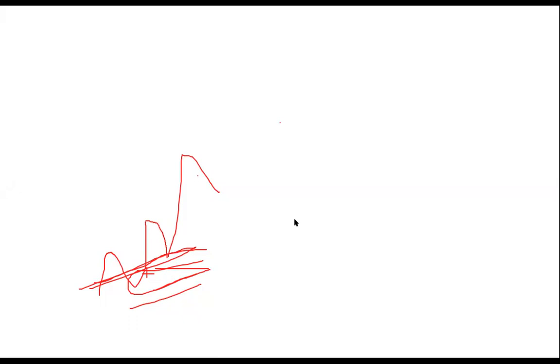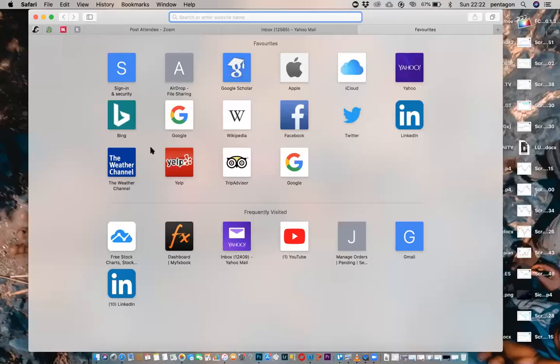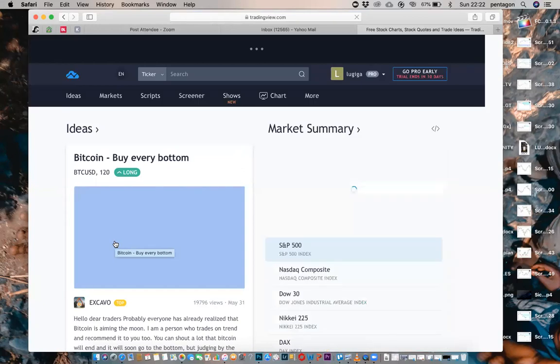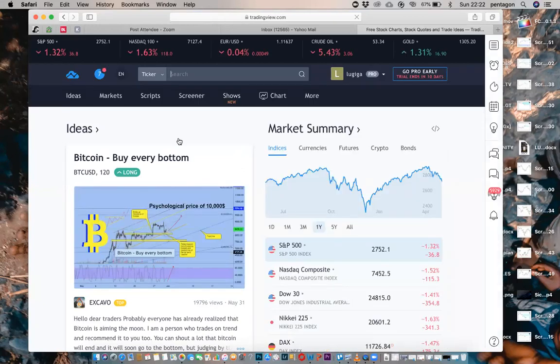Okay guys, let me share how we draw the zones. Hope you get my screen. I'm going to show you how to draw the zones exactly on TradingView, so that we can all understand each other.